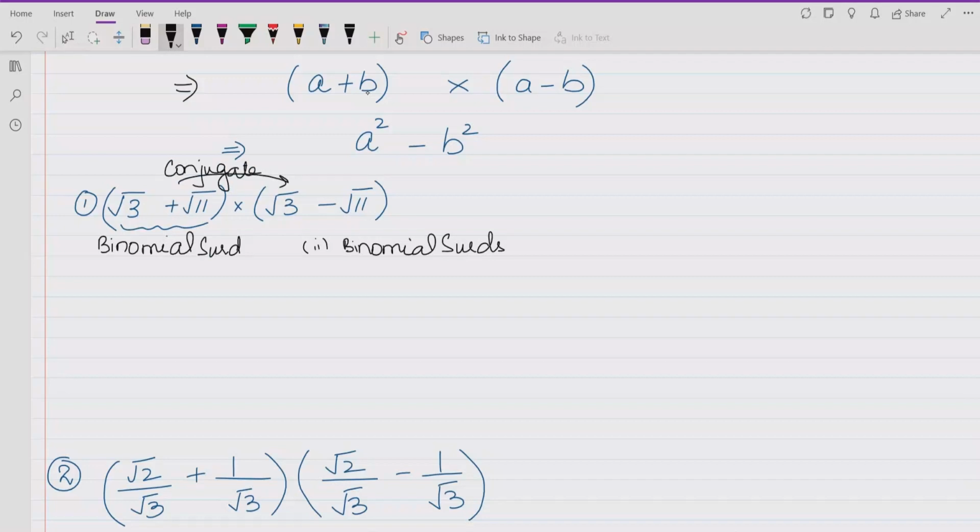We will solve it using the above formula, a plus b multiplied by a minus b.